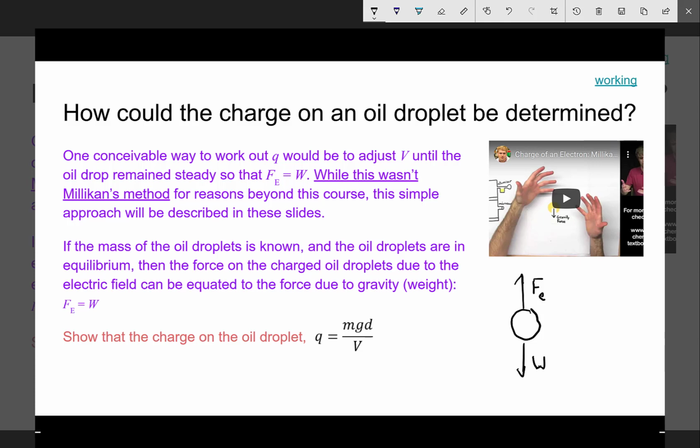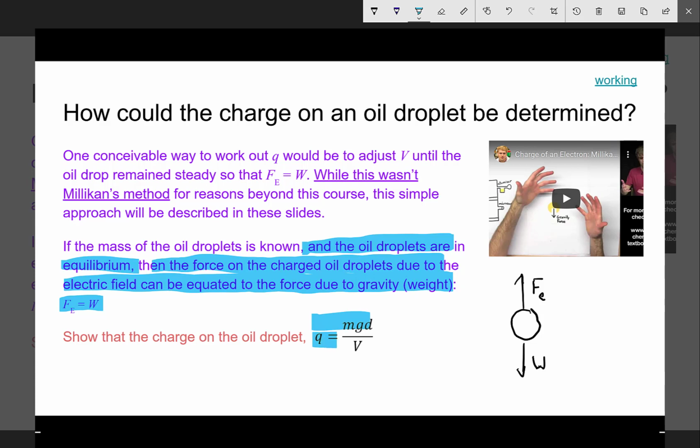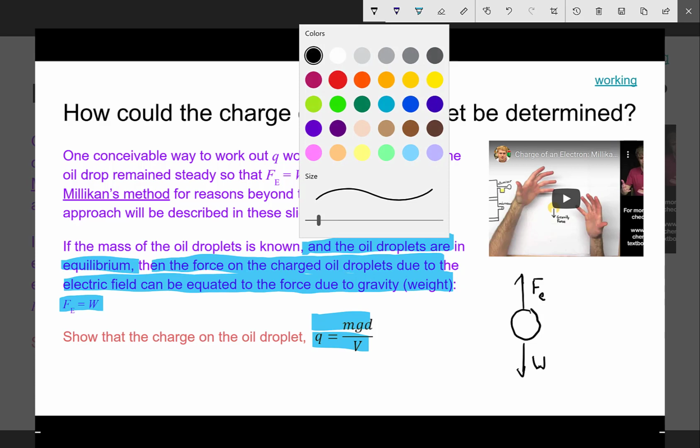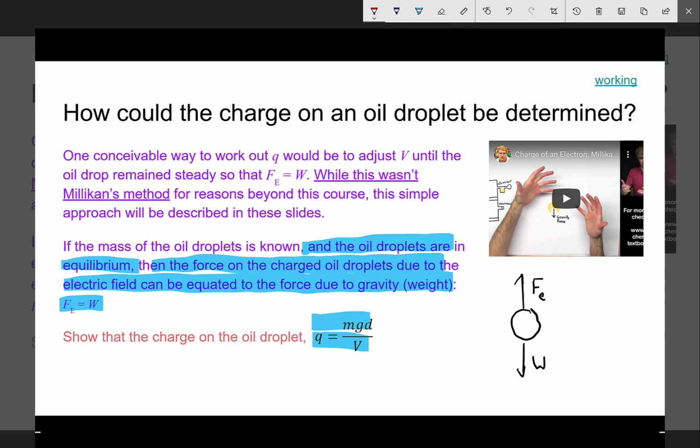So, if we know the mass of the oil droplets, and if the oil droplets are in equilibrium, they're just hovering there with the forces equal, then the force on the oil droplets due to the electric field can be equated to the force of gravity. And if you substitute into this equation, you should arrive at this. We'll do this in the classroom, but I'll just point you to the formulae on your data sheet that you'll need.